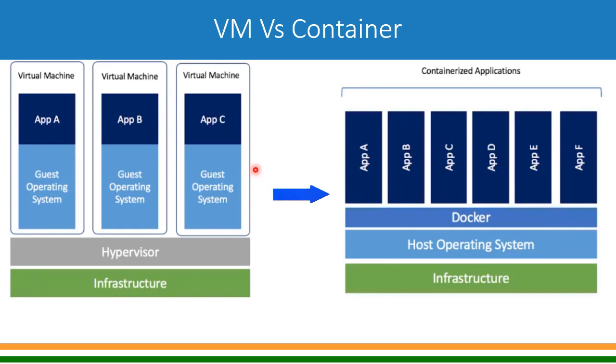Here you have multiple operating systems, so even if a particular application is not very loaded, the entire resources given to this virtual machine are underutilized, and the operating system is also consuming some of your resources. Here you don't have a specific operating system. So that's the advantage.